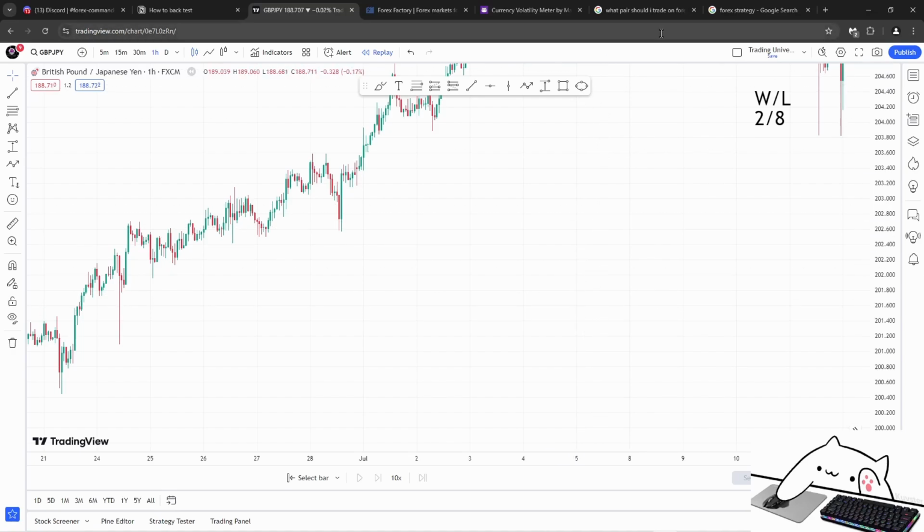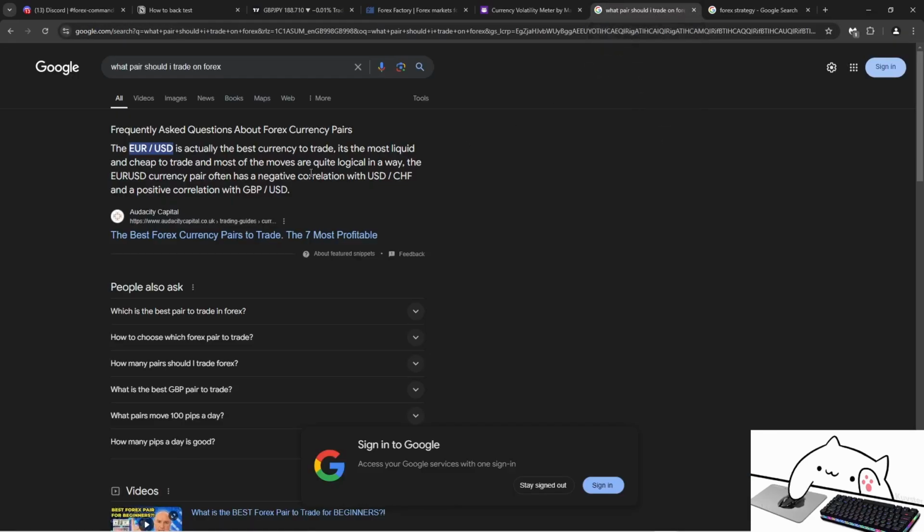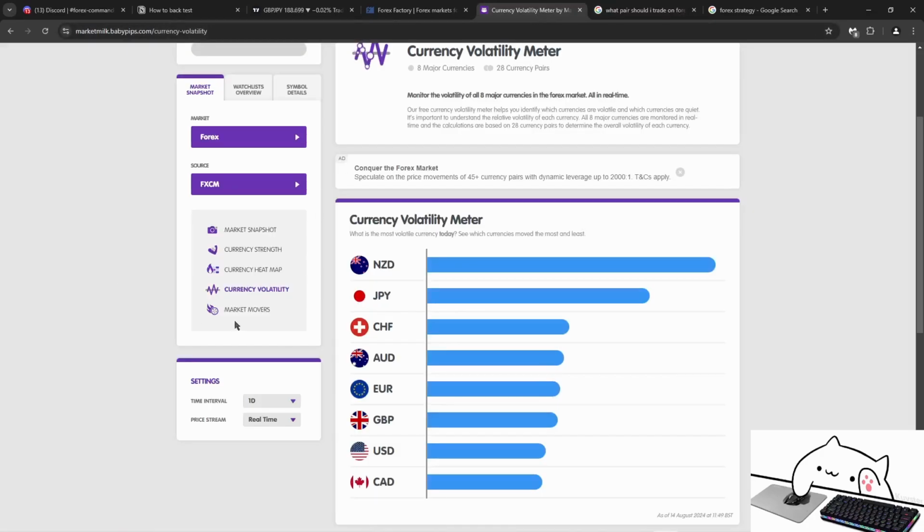If you want, you can also search on Google, what pair should I trade? If you really don't know, you're very indecisive, it gives you a suggestion, Euro versus the US dollar, trade that, it doesn't matter. Or you can go on this website, and this will show you the current volatility.